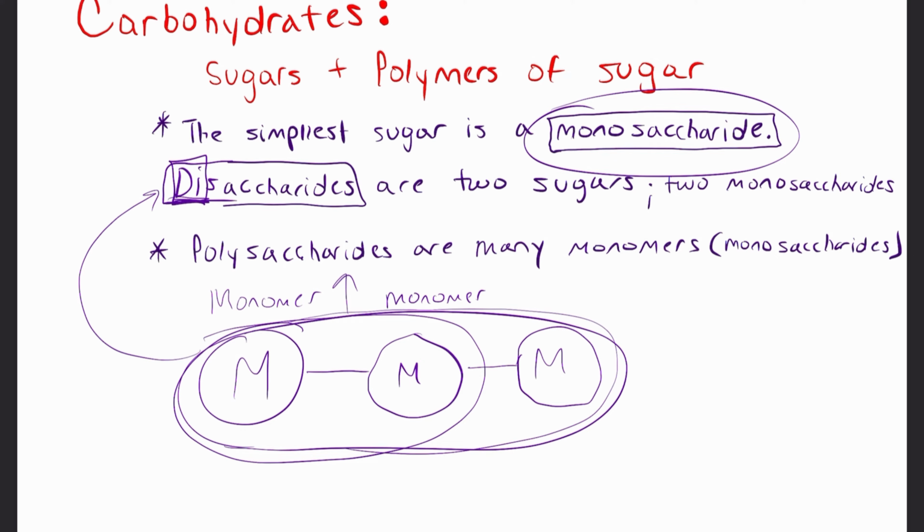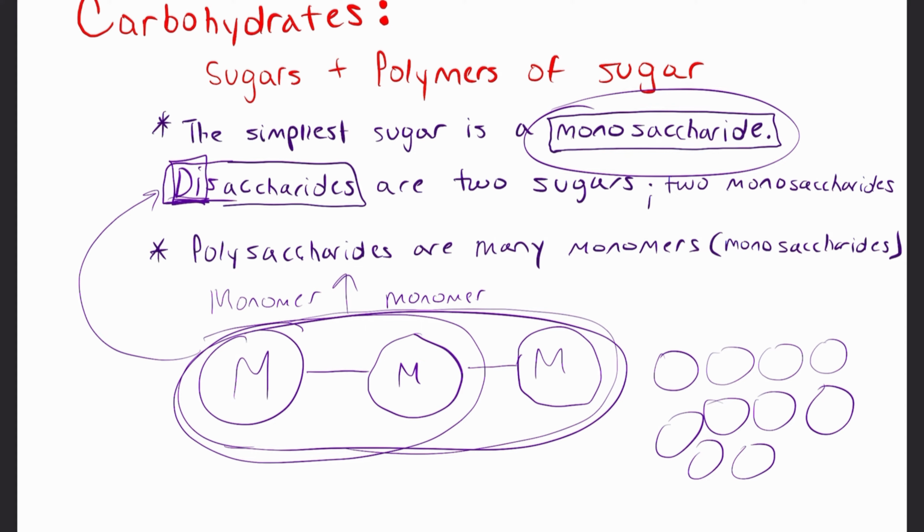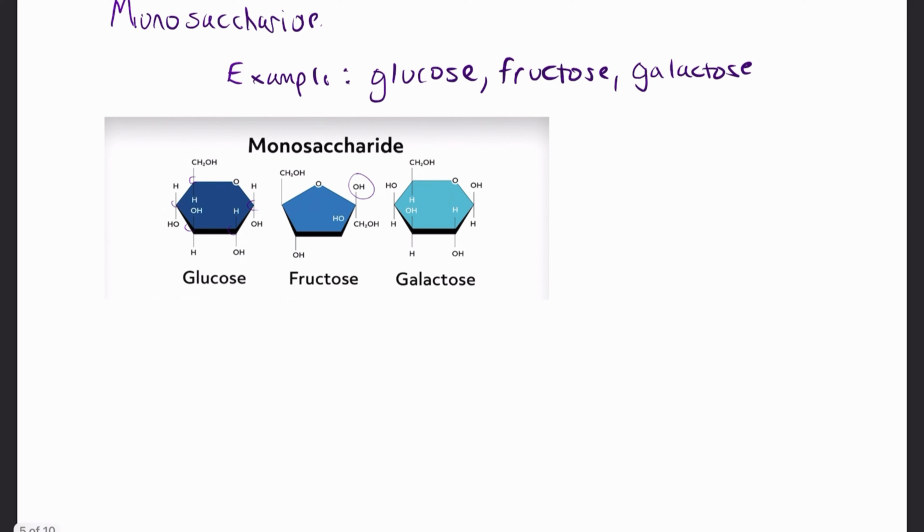As we continue to add more, a polysaccharide. And then eventually we have so many linked together that they form a carbohydrate. So let's talk just a bit about some examples. The monosaccharide, that's the simplest form that we know. Examples are glucose, fructose, and galactose.